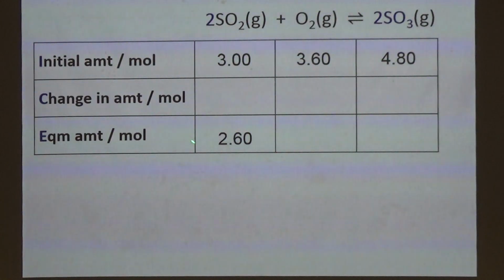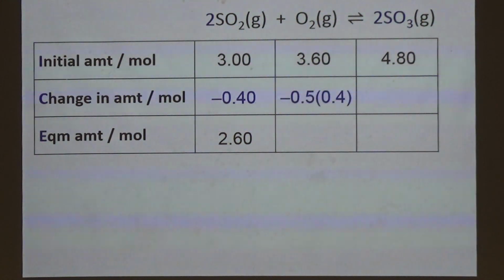You know that the equilibrium amount of SO2 is 2.6, which means you can fill in the rest from your ICE table. So this must be minus 0.40. And now all of you should tell me what is the change in amount of O2? It will be minus 0.20.